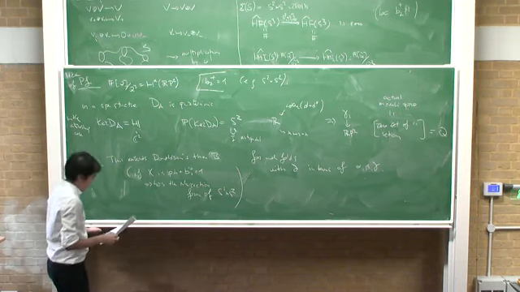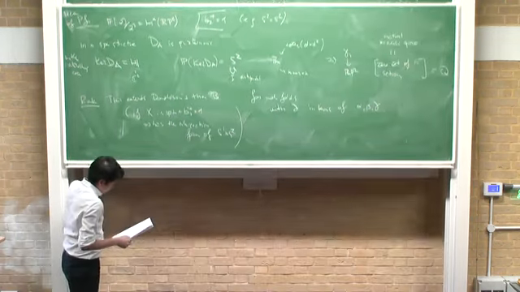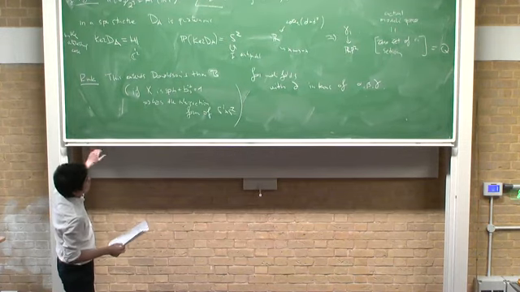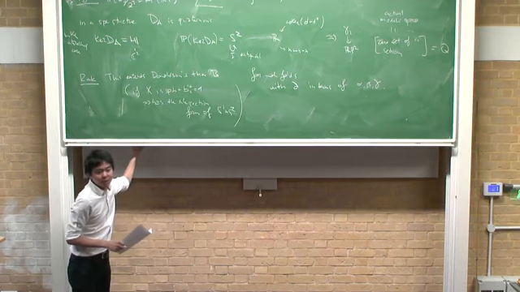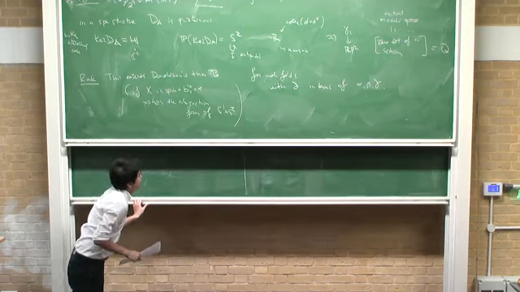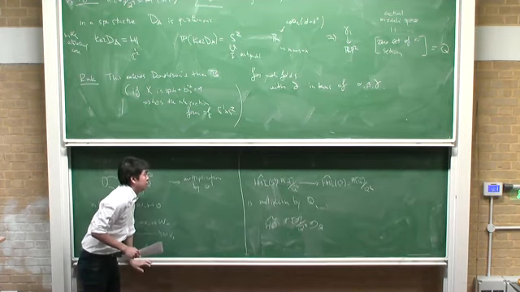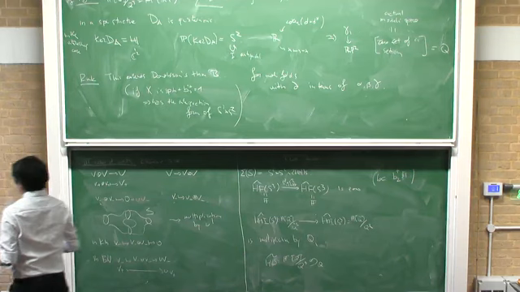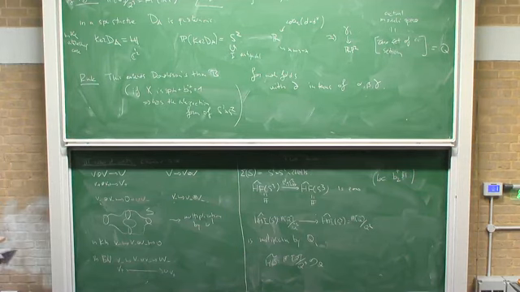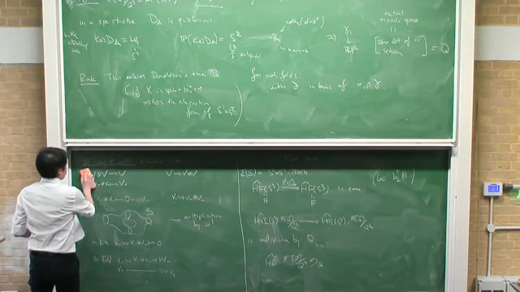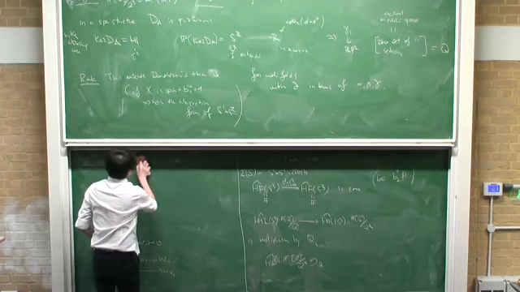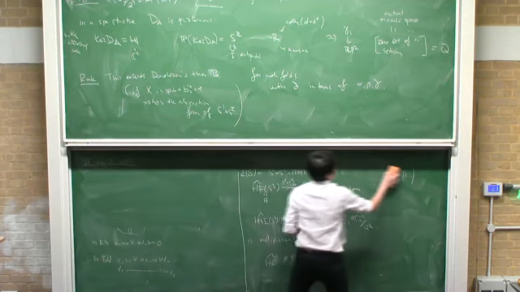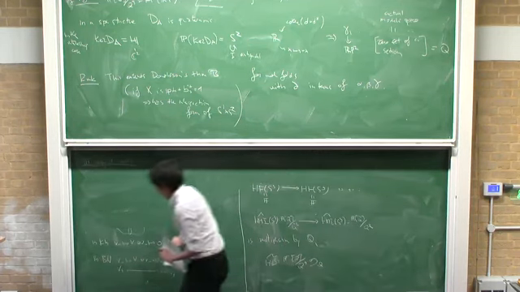So this argument was already in a talk by Kronheimer, and it was never published. A talk by Kronheimer from the early 90s. Okay, so now I'll switch to why it does not work in the other case. Okay.